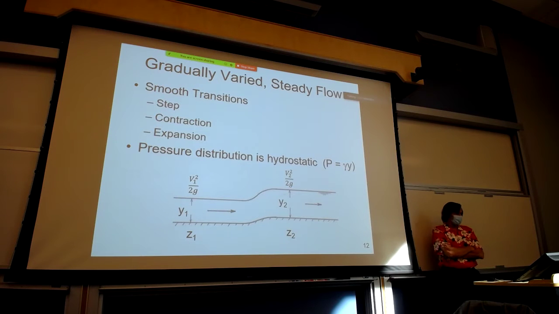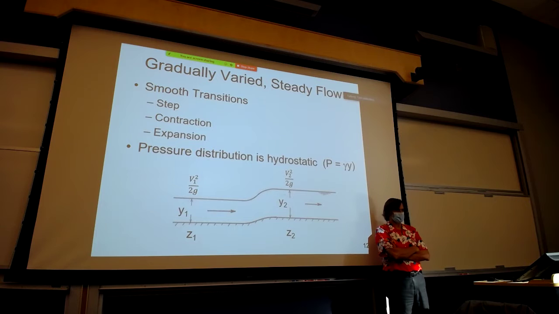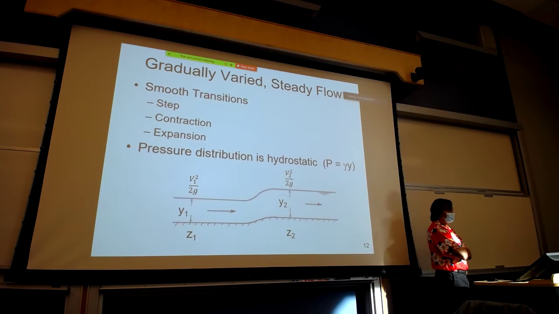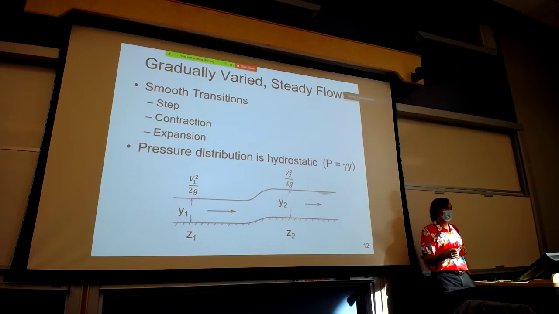The other type of flow that we can have, obviously, is gradually varied steady flow. So again, steady flow means the discharge is constant. But now what's happening in gradually varied flow, much like in streams and rivers, is that the cross-section geometry keeps changing. The bed slope isn't the same, the width isn't the same, the irregular geometry isn't the same.